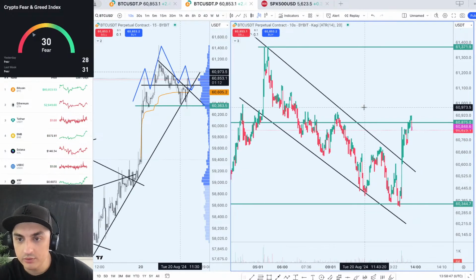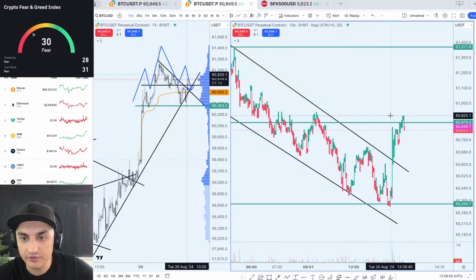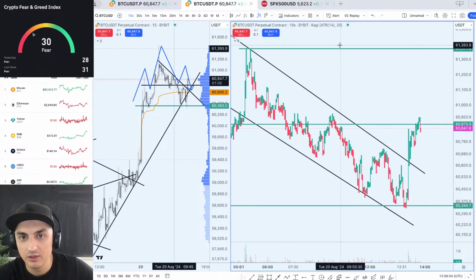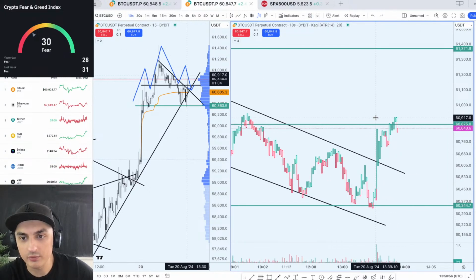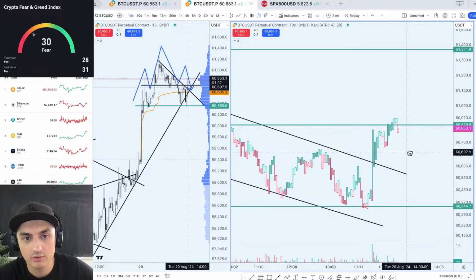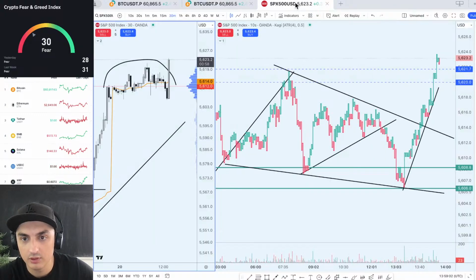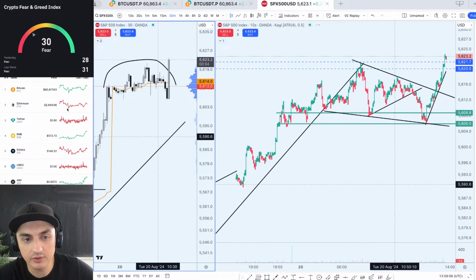Okay, pushing. So Bitcoin doesn't have too much power to push through 6,900, or is just taking some rest over here. Looking a little bit different to this one.